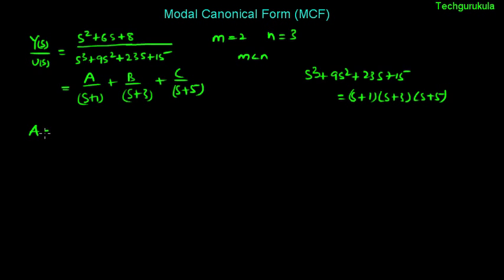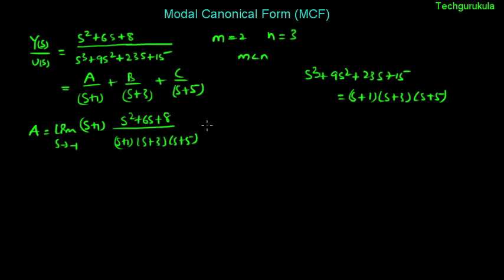To find the value of a, we take the limit as s tends to minus 1 of (s plus 1) times the transfer function. We have here the transfer function (s squared plus 6s plus 8) divided by (s plus 1) times (s plus 3) times (s plus 5). The s plus 1 cancels, and if we substitute s equals minus 1 in this function, we get 3 over 8.